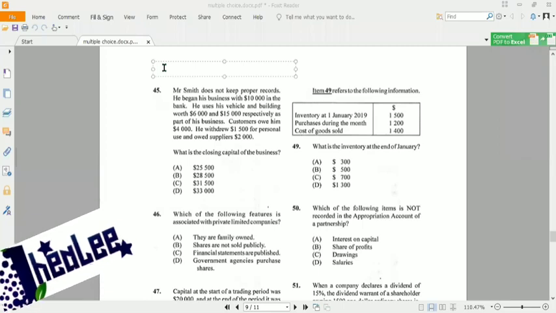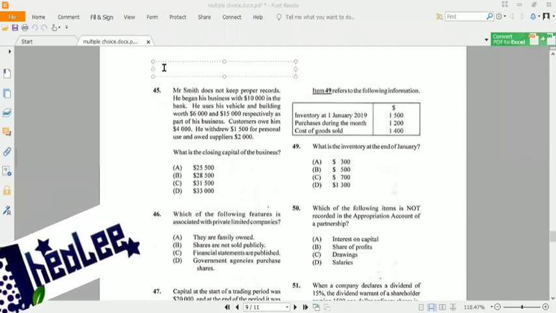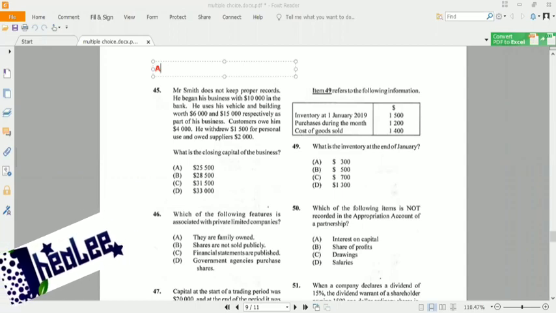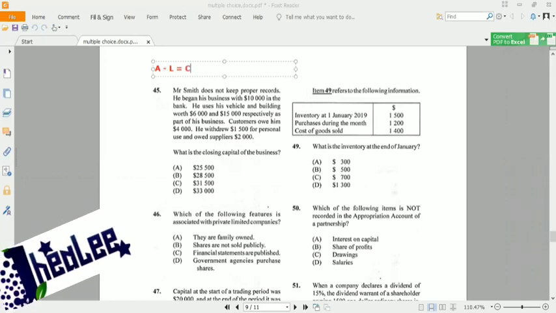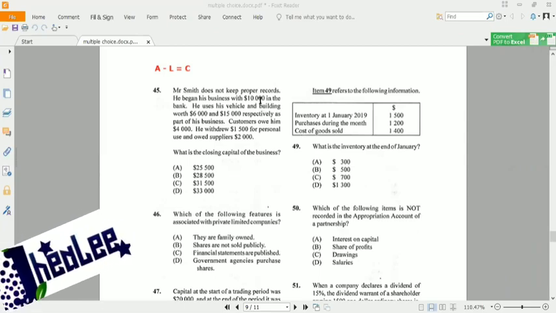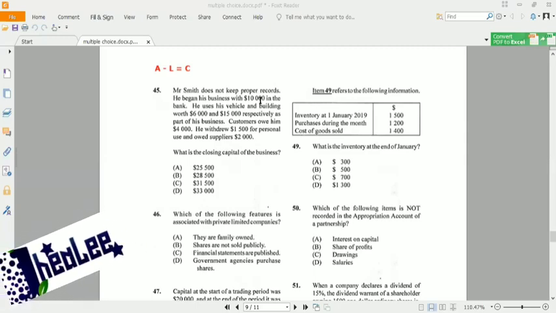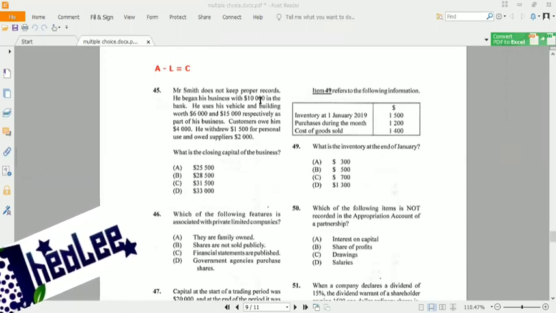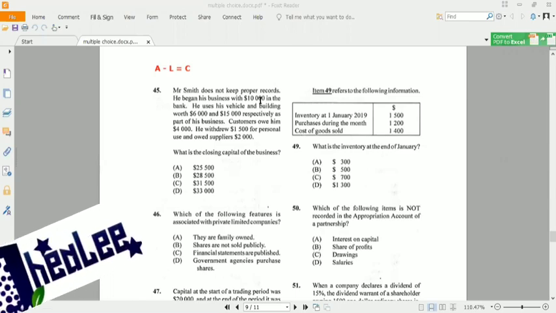Okay? So what we're going to use to find the closing capital would be, remember, as simple as it is, assets minus liabilities give you capital. All right? So there was 10,000 that came into the business that was in the bank, and the 6,000 and the 15,000 worth of assets again. That is all of 21,000.